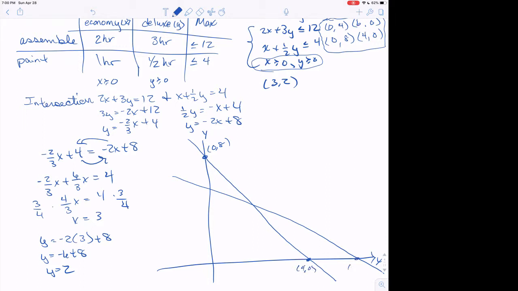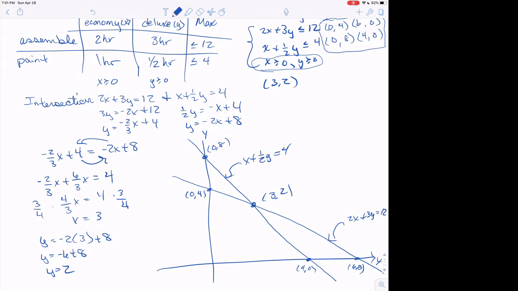And this is the point 6, 0. And this is 0, 4. And so this line is 2x plus 3y equals 12. And this line is x plus 1/2 y equals 4. And this point right here is the point 3, 2.